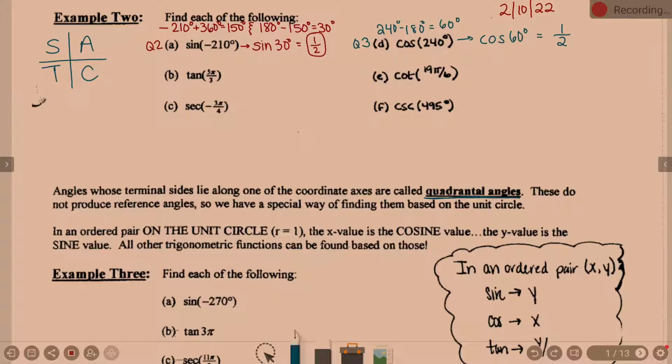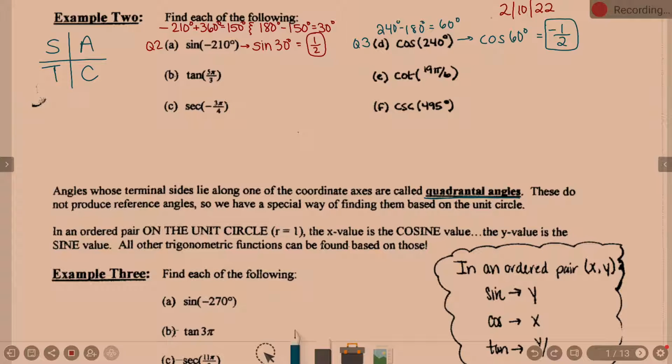That means sine and cosine are going to be negative. So, quadrant 3, what do we know about cosine in quadrant 3? Negative. So this is actually a negative 1/2 because we are finding the cosine down in quadrant 3. Questions on that, Carter?